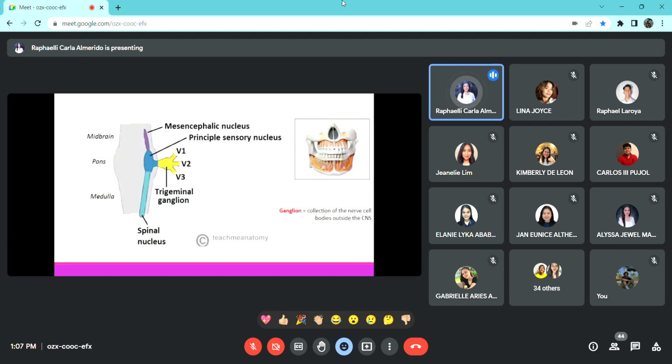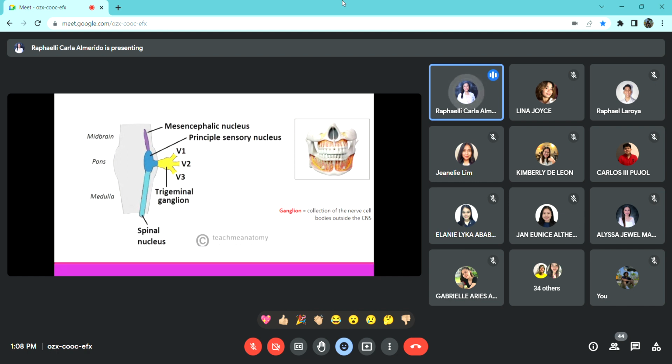So the trigeminal nerve, okay, is actually situated outside the central nervous system. And if you go back to the anatomy of the central nervous system, I hope you remember, okay, the last part where the midbrain, pons, and medulla is.